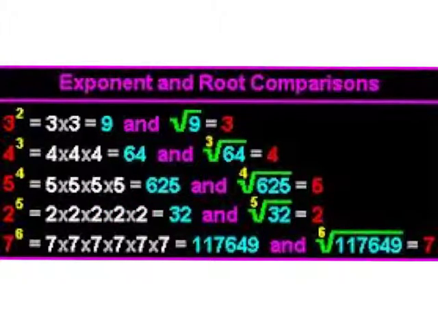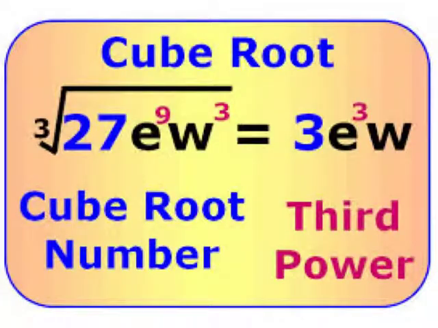Alright, and then you've got 5 to the 4th is 625, and then we would say the 4th root of 625 is 5. And so on and so forth. Like I said, when you have the 3 out here, that means the cubed root.